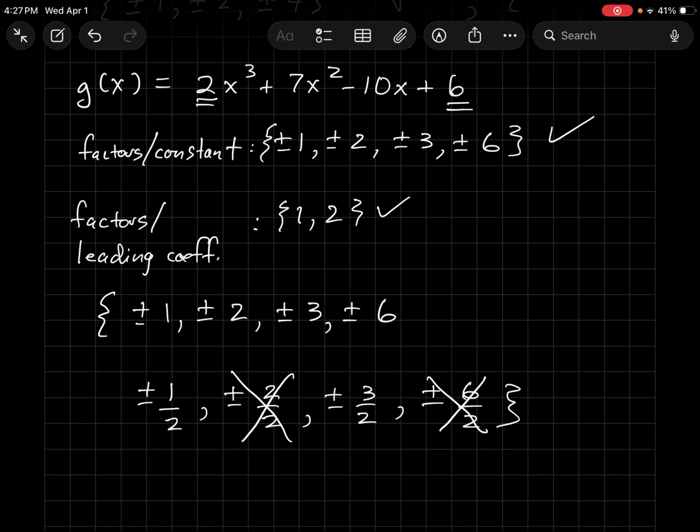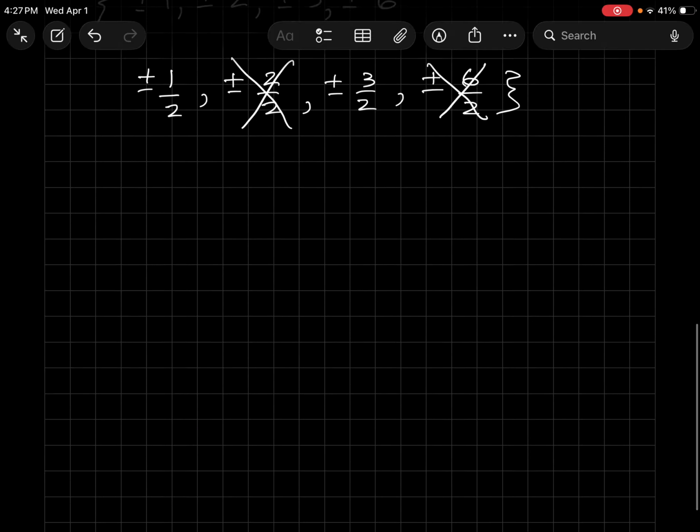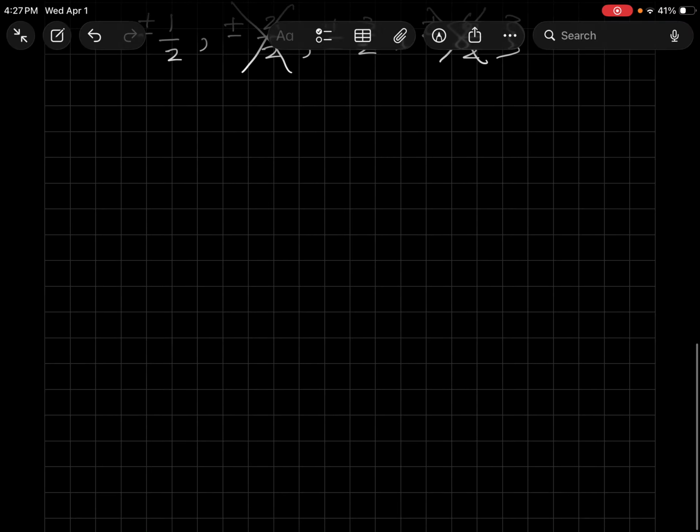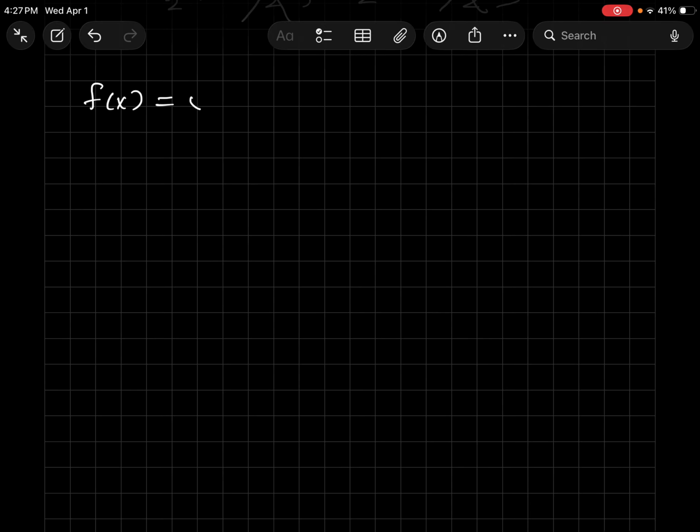How can we do this? That is, how can we use this in a problem? Well, let's consider the function f of x equals x cubed minus 3x squared minus 10x plus 24.